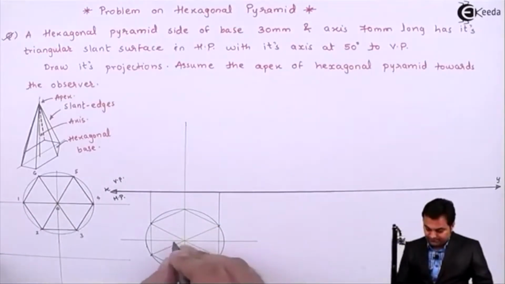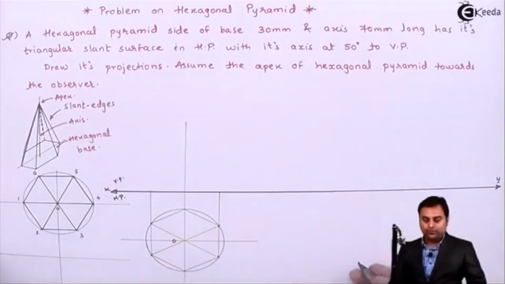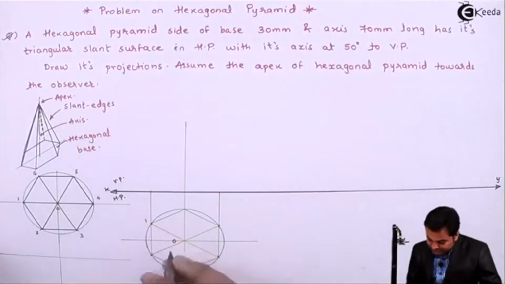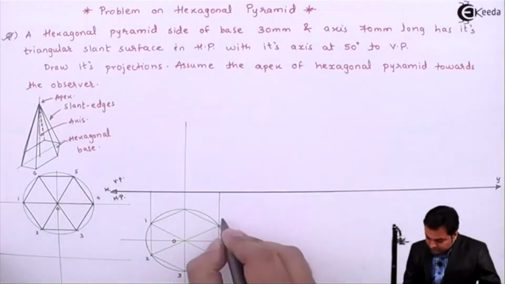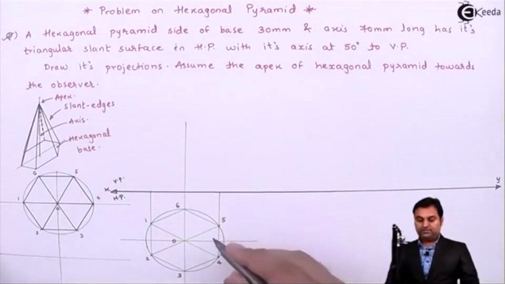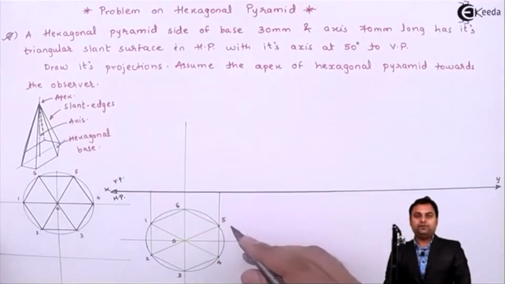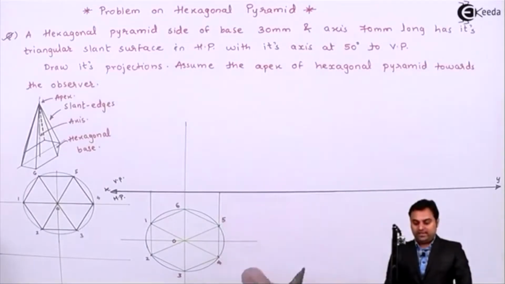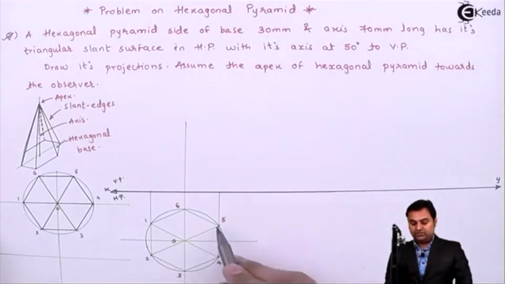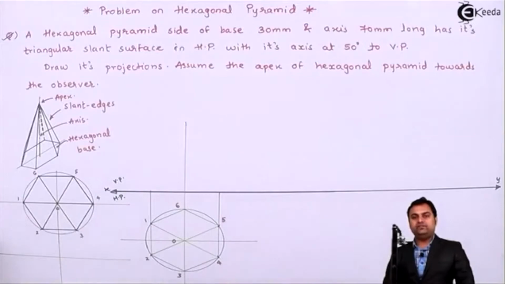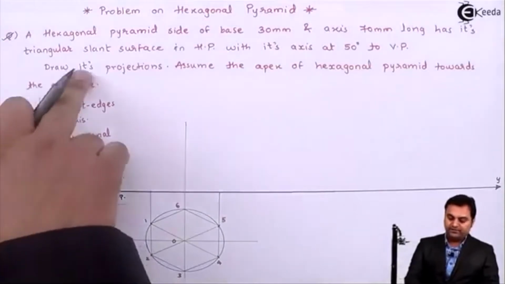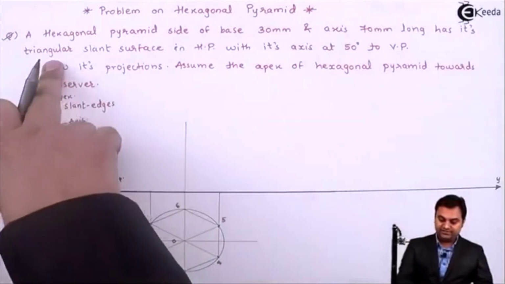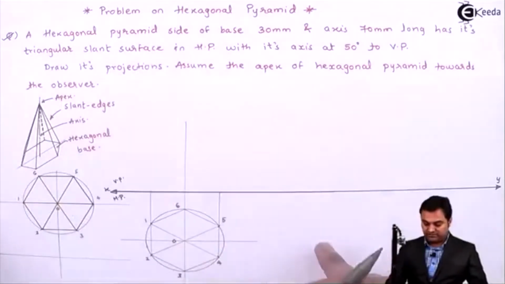Now there is apex O, giving the notations. Here we can see that this hexagonal pyramid is resting on edge 4, 5, and if I tilt this pyramid and keep it in HP, then this triangular face O45 will be the surface on which this pyramid is going to rest. So as per the given question, this condition is correct. It will be resting on the triangular slant surface.